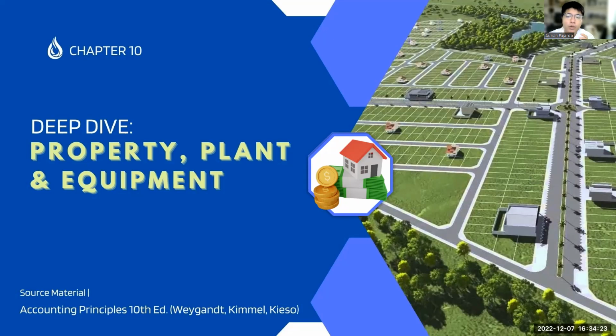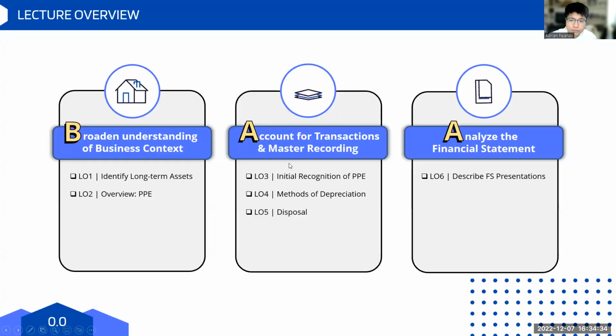So for today, we're really just going to be taking a deep dive on how we actually account for property, plant, and equipment, or better known as PPE. Going to our lecture overview, we're following the similar BAA formula. Number one, we first have to broaden our understanding.